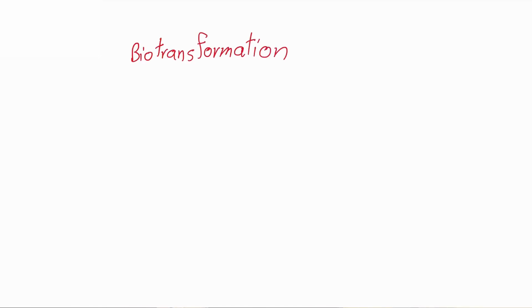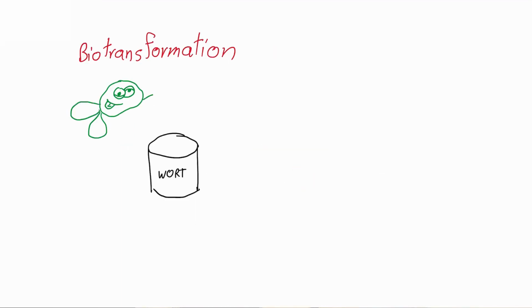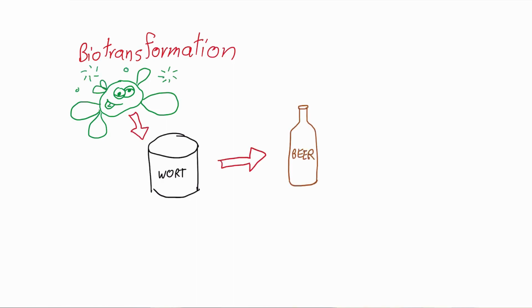Biotransformation is a process where a chemical is modified by an interaction with a living organism. So a really good example is bacteria fermenting the sugars in milk to make yogurt, or yeast fermenting the sugars in malt to make beer. Bioaccumulation, contrastingly, is the buildup of chemicals in a living organism, and you may have heard of this in relation to fish.